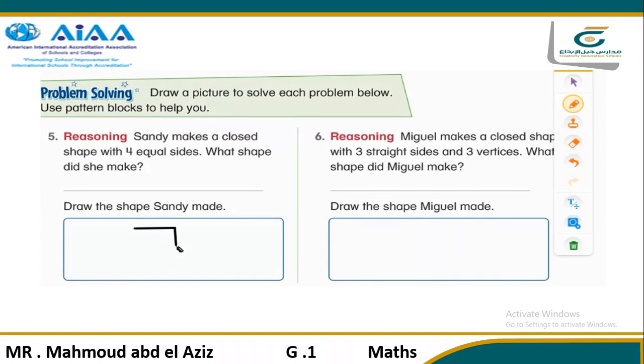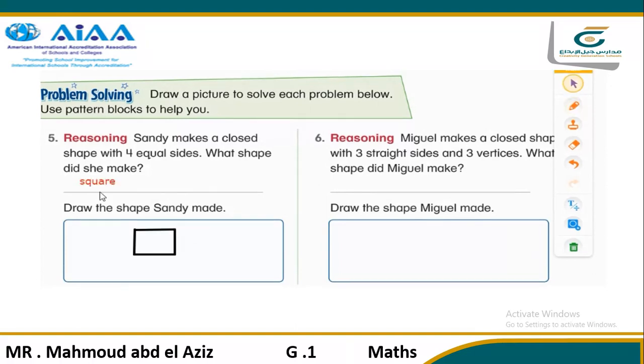The second one here. And the third. And the fourth. What is this shape? Yes, it's a square. So I will write square here like this. A square is a 2D shape with four equal sides.